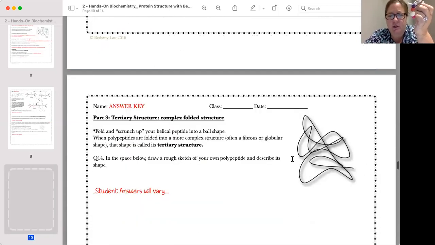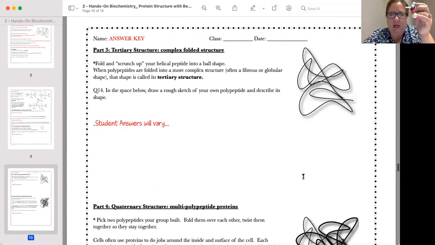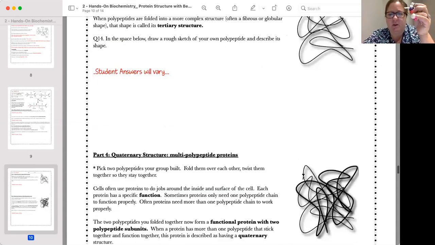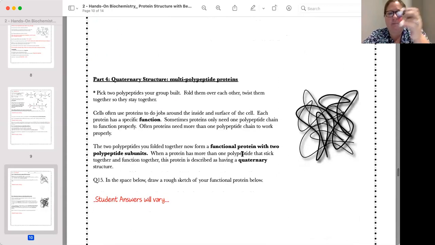If I had another one, we could make it more like the tertiary, and then finally you get to the final structure with multi-peptide polypeptide proteins.